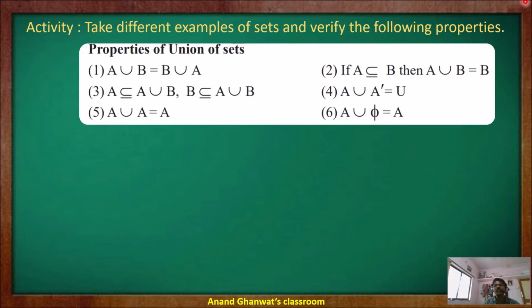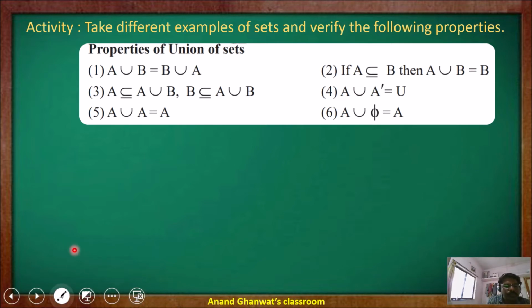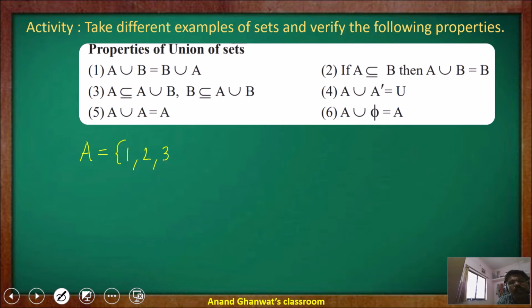Let us check one by one. Now let us take A equal to 1, 2, 3. Let us take B, it is equal to 2, 4, 5.